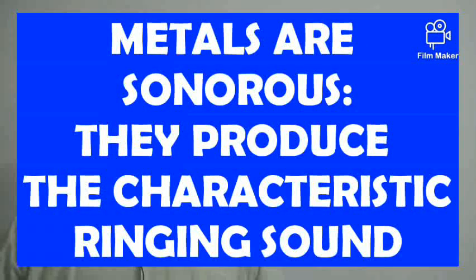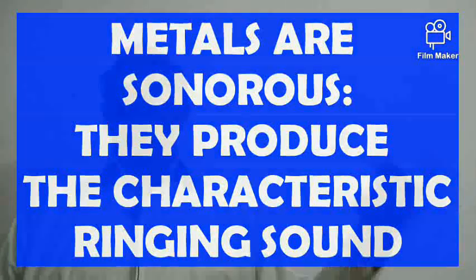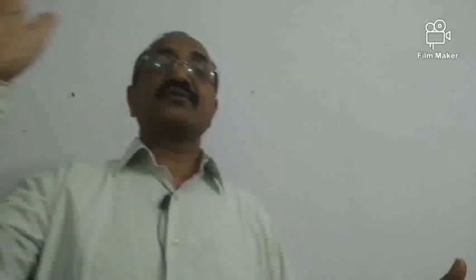The next one, what else? Now, have you observed one thing? If you drop a plate, how does it sound? It gives a ringing sound, is it not? Bells, made of brass, bronze, if you strike them, they'll gong and ring in your ears.